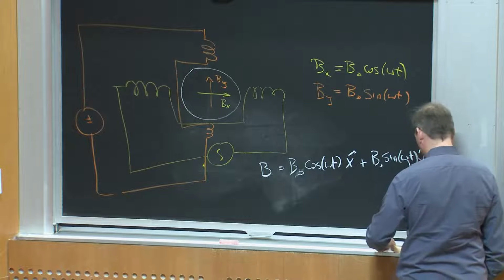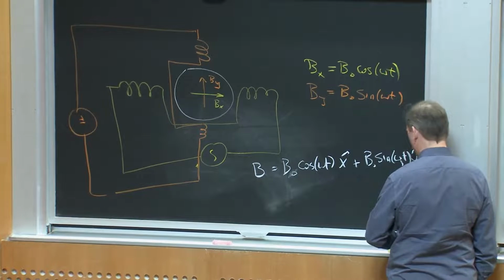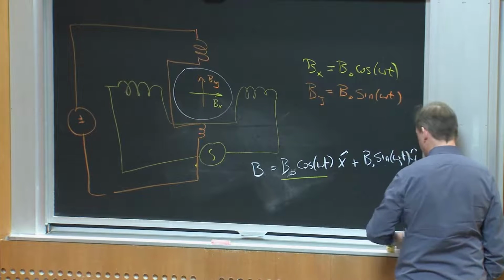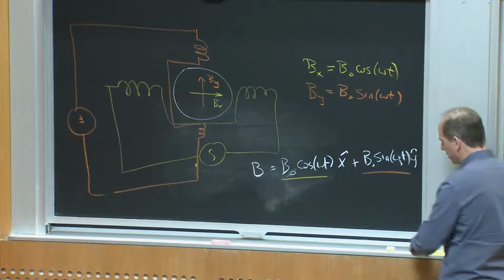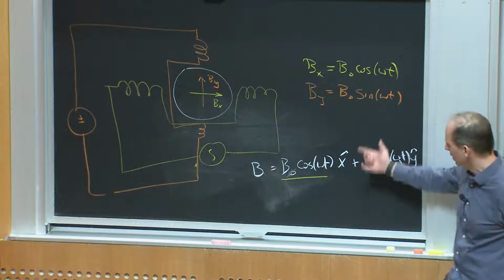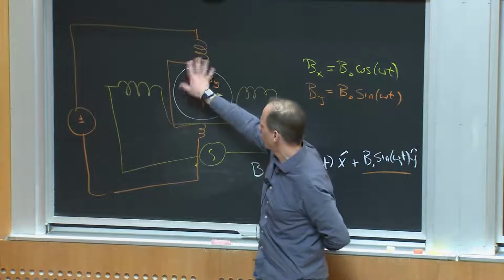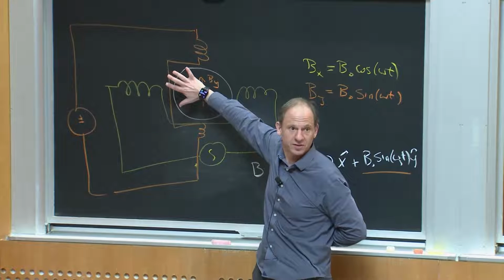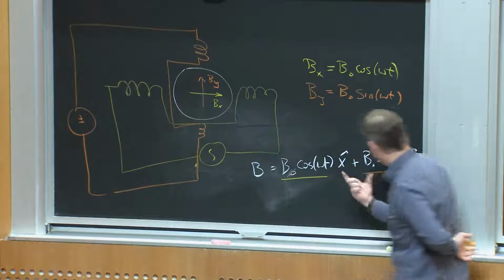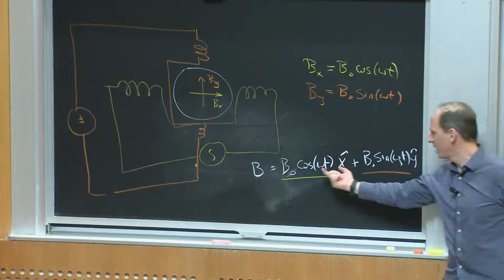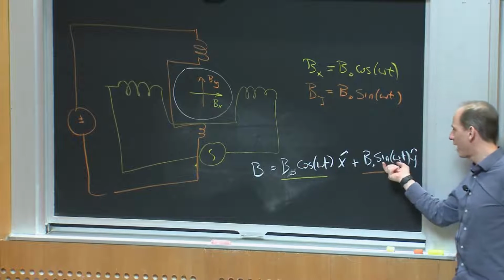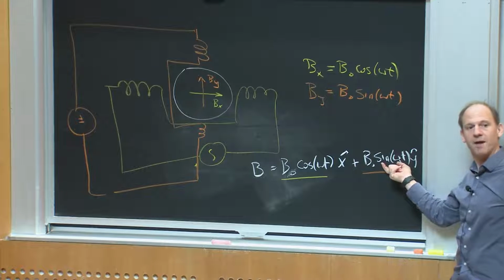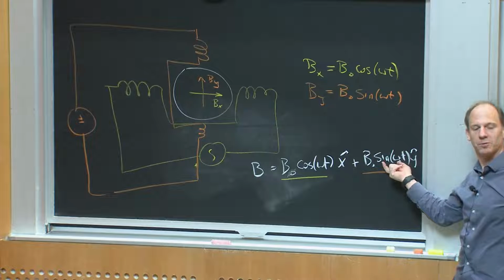So I'm using one coil to give me the x-directed and one coil to give me the y-directed. And notice that the two coils are perpendicular in space, right? Or orthogonal in space. But the other thing is I'm making the two drives such that they're orthogonal in time as well. Okay, so they're perpendicular in time.